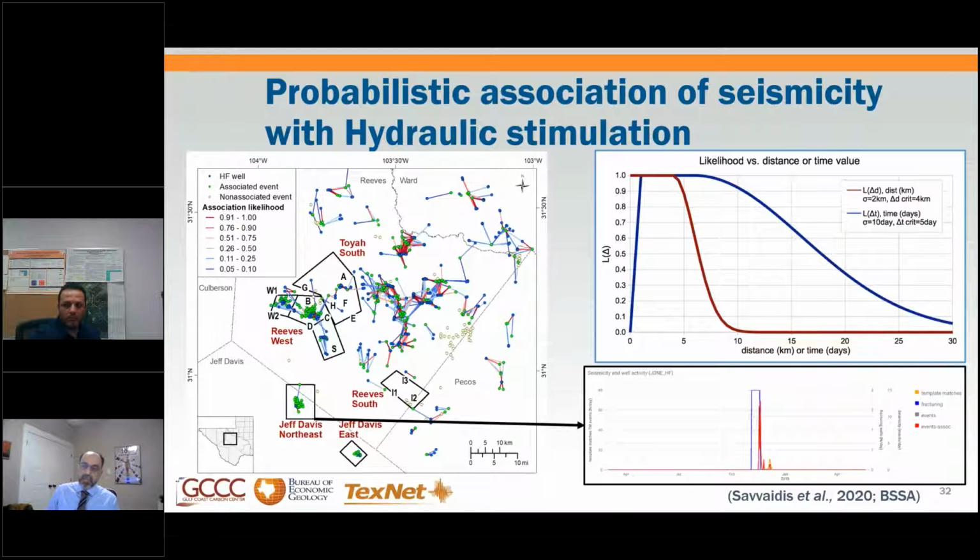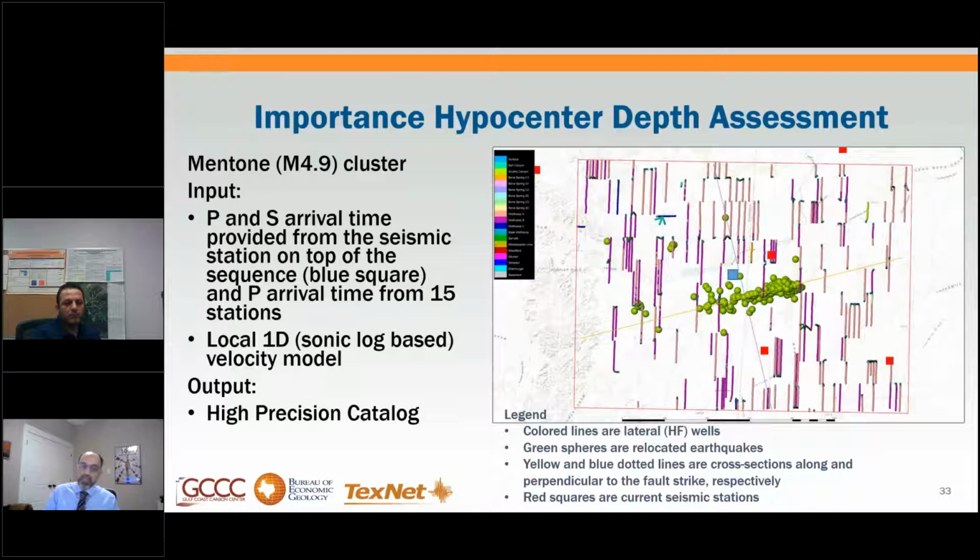Next slide, please. Now, what is important is to identify the hypocentral depth. Although any statistical model can be very helpful, it is important to also understand if the depth of seismicity is close to the area of the human activity.